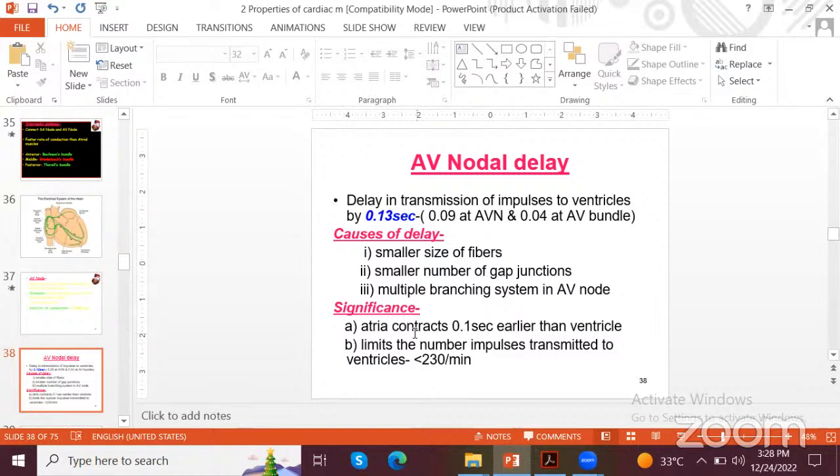The importance of this AV nodal delay is that the atria contract around 0.1 second earlier than the ventricle, and it also limits the number of impulses transmitted to the ventricle to less than 230 per minute. Because of this delay, the atria and ventricle, as separate syncytia, contract separately.